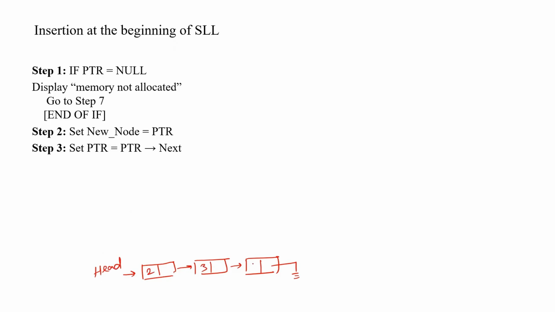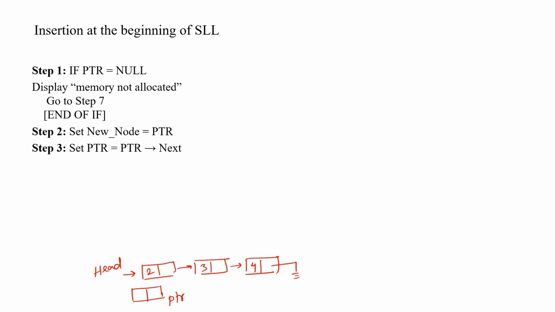Values are 2, 3, and 4. Now, I want to insert a node at the beginning of the linked list. So let's suppose I want to insert 1 here. As I told you, this node will be pointed to by PTR. That's why the name of this node is PTR.